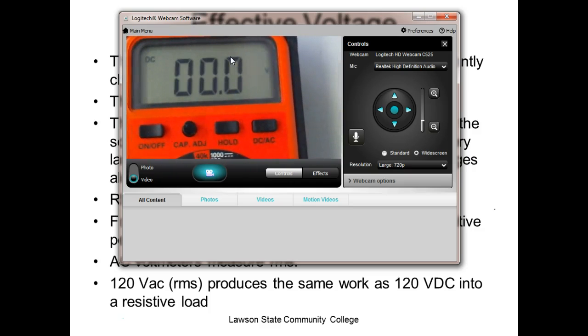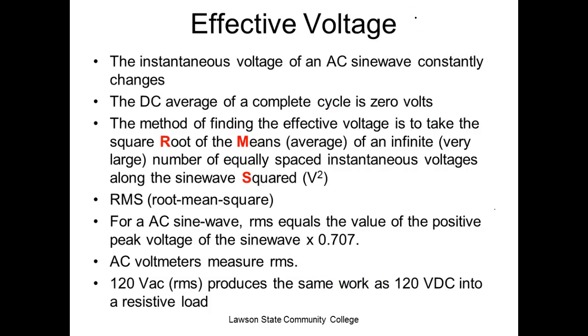So what they had to do, I had nothing to do with it, was come up with a method of calculating a voltage where, when we start talking about work, the negative and positives do not cancel each other out. The DC average of a cycle is 0. I proved it with my meter.